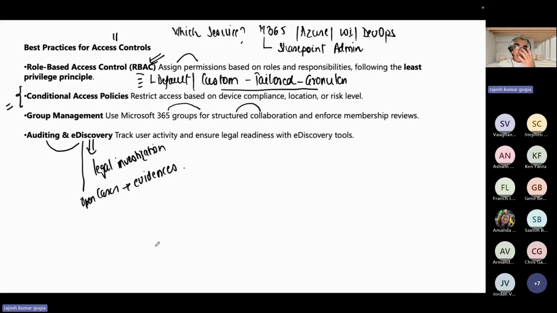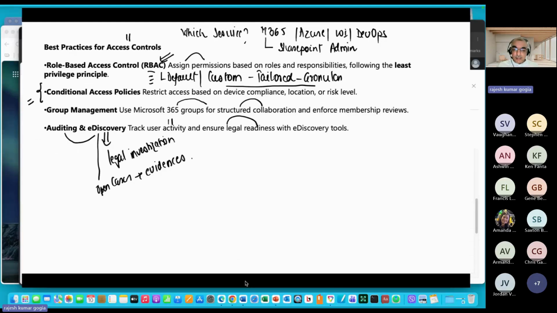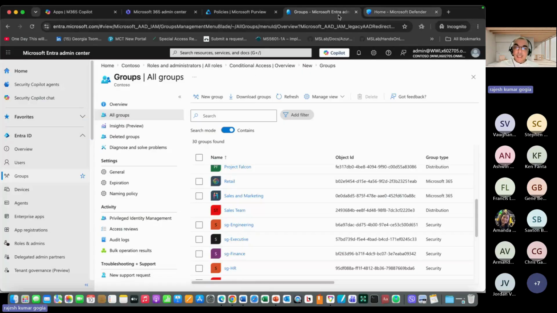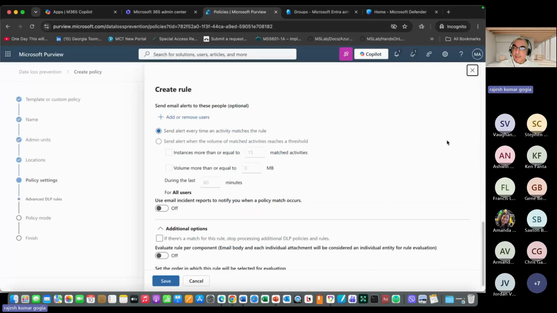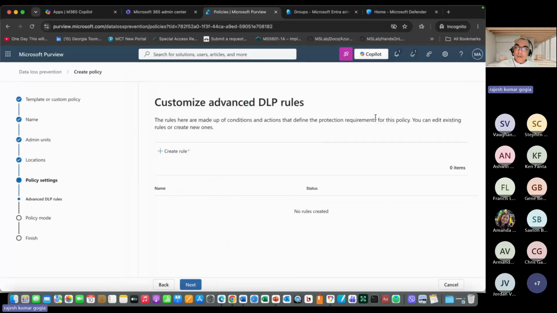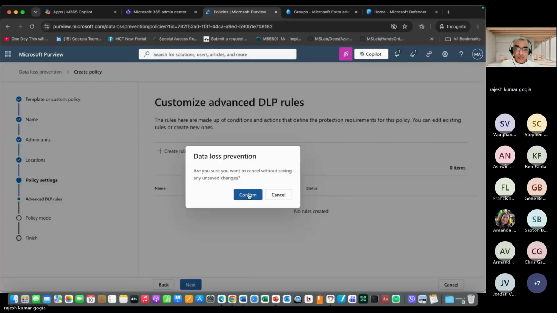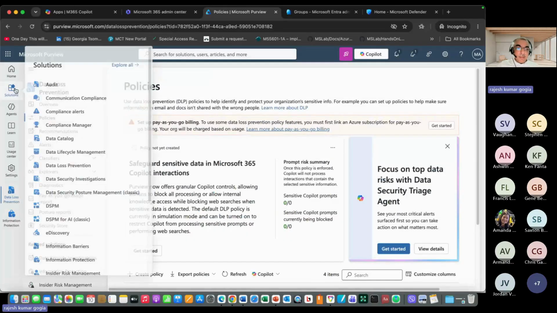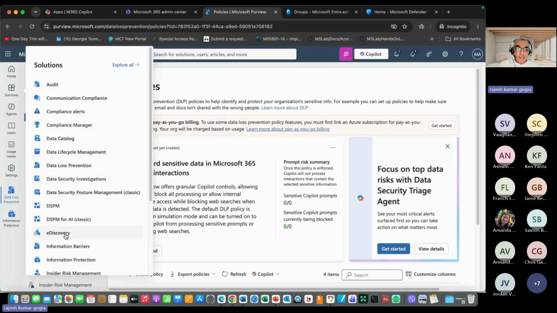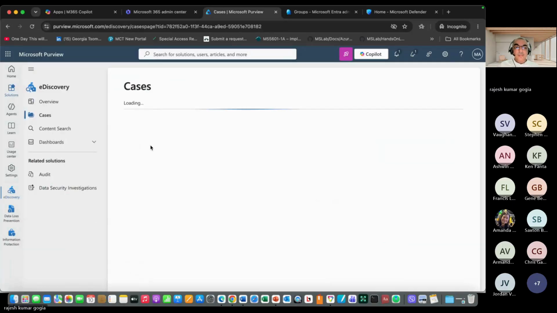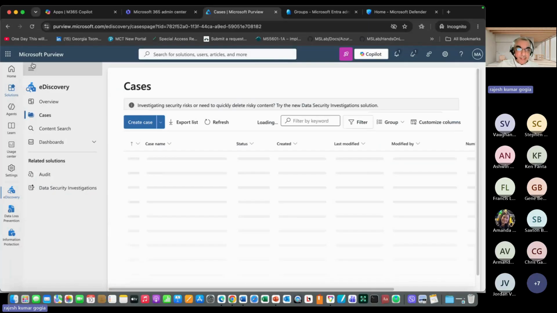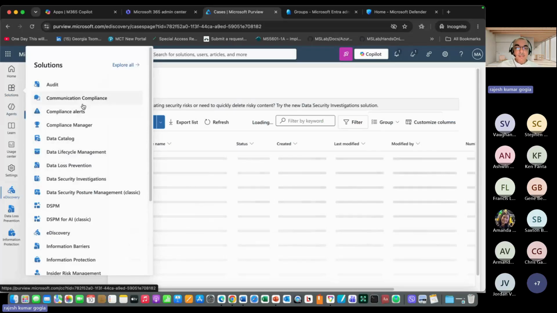And definitely, you're going to figure it out so that it becomes easy for you to track the activity, plus ensuring legal readiness, by using e-discovery, which comes as part of Purview. See, how strong this tool is. In Microsoft Purview itself, you've got something called e-discovery, this one. So Microsoft Purview comes with a bundle of solutions.